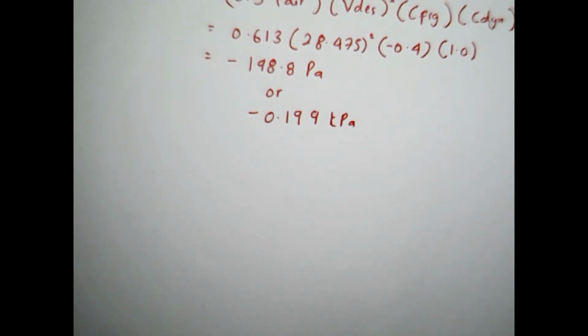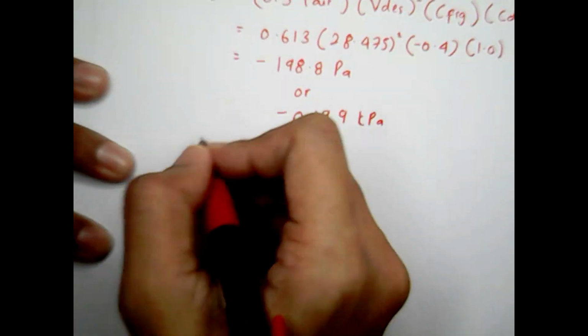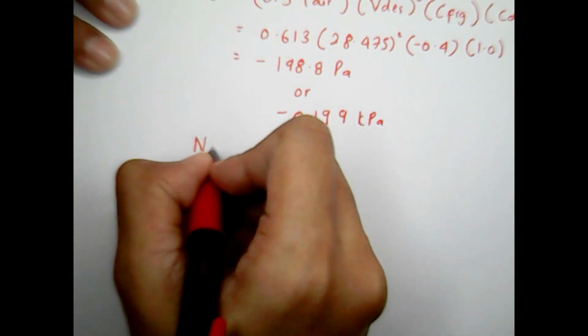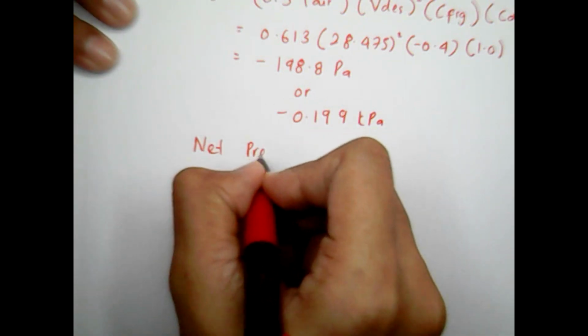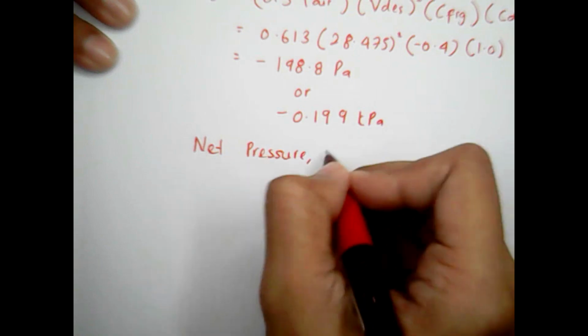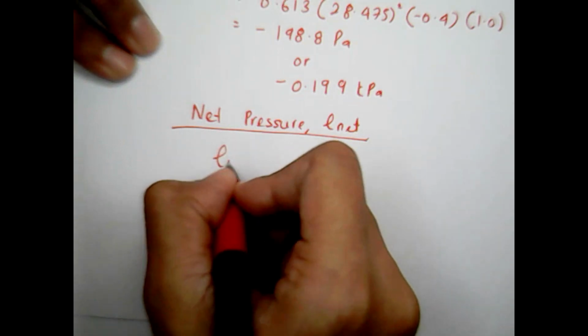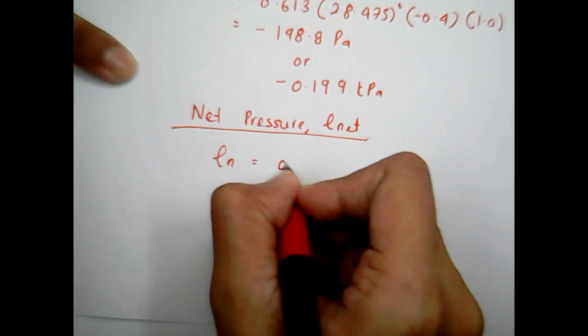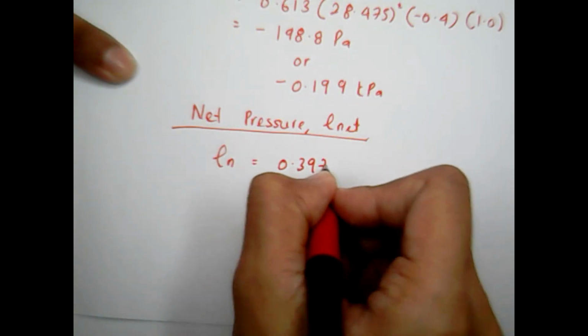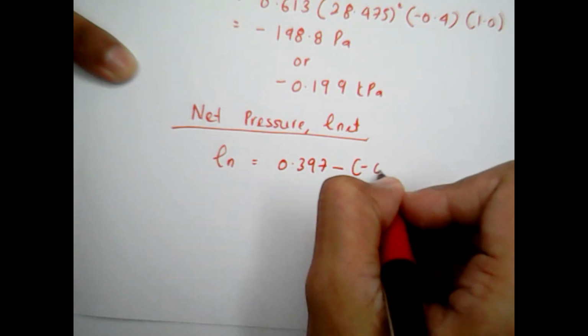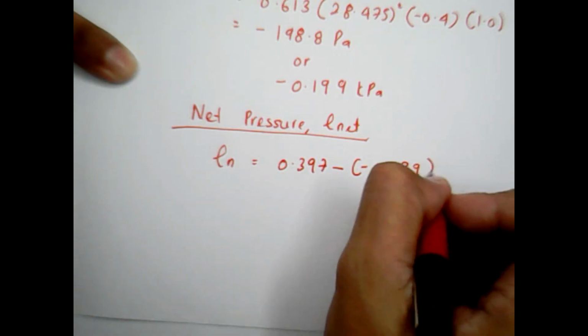So your net pressure, which is the one that will be acting on your building, is given as 0.397 minus 0.199.